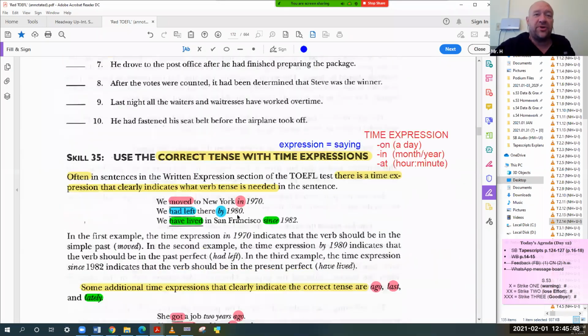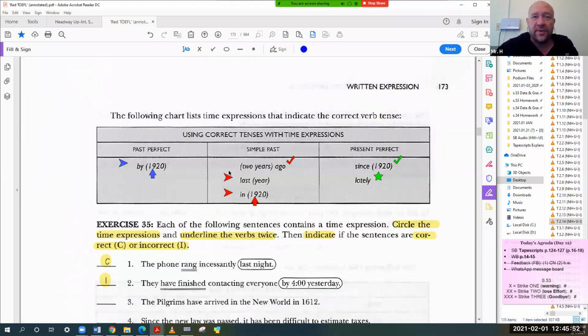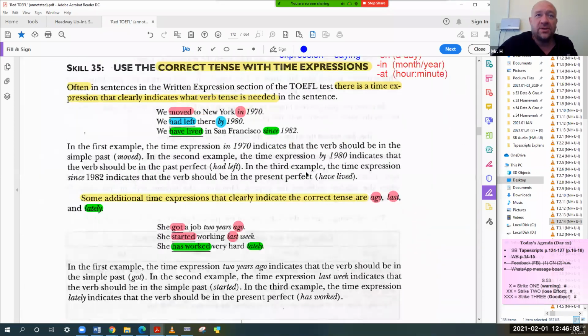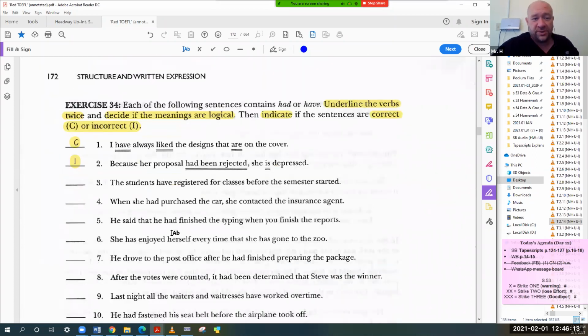If we look at skill 35, what does it mean? Since. It comes with the present perfect, right? Past simple. Okay, present perfect since 1920. So let's take a look at some examples in the exercise, okay?